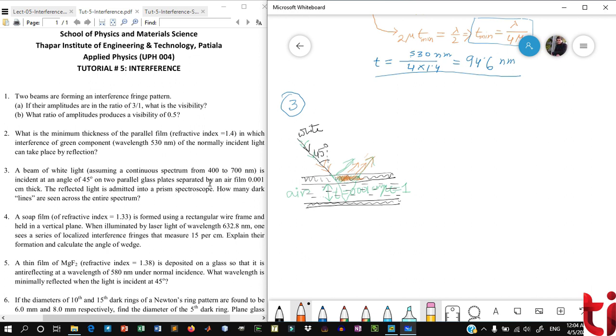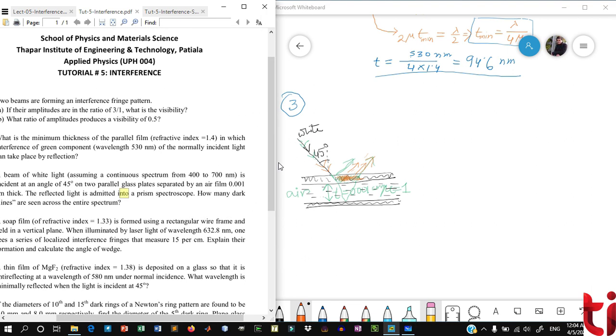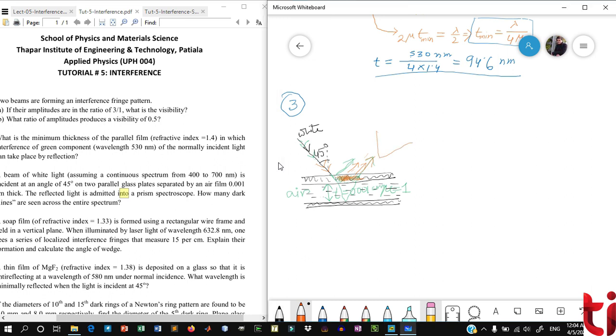And now the second part of this question says that the reflected light is admitted into a prism. That means after it gets reflected from here, we have a prism here. This light gets incident on this surface, and after it gets transmitted through the prism, it would separate the light into different components. This is the dispersion of the light due to this prism.